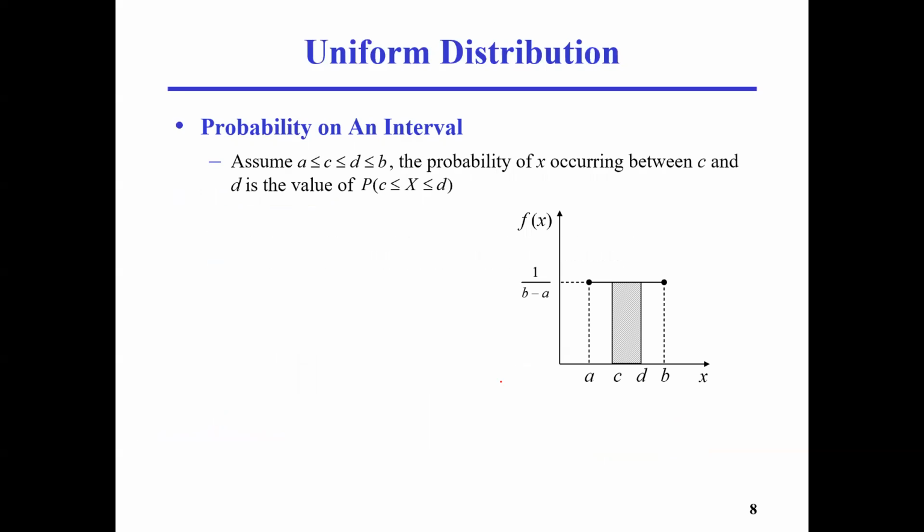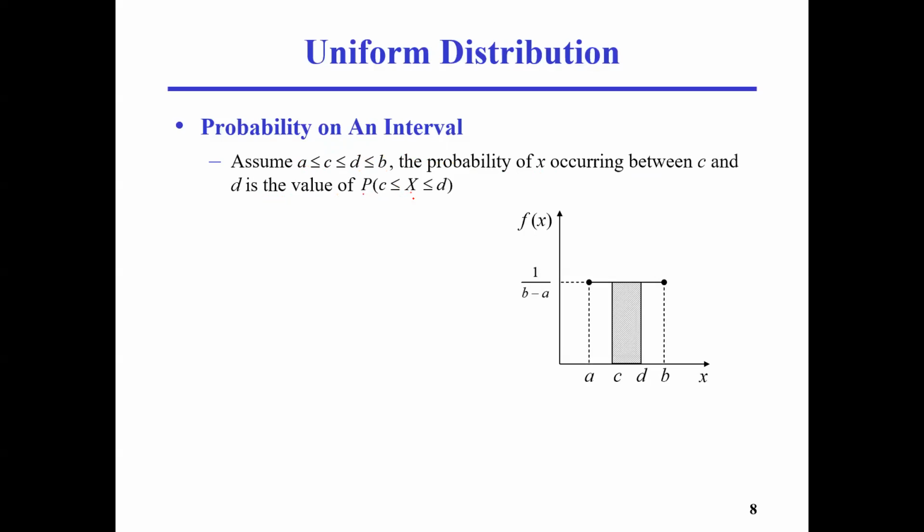Okay, so now the probability on an interval. Just assume that the order of these four constants is A, C, D, B. The probability of x occurring between C and D is the value of what?